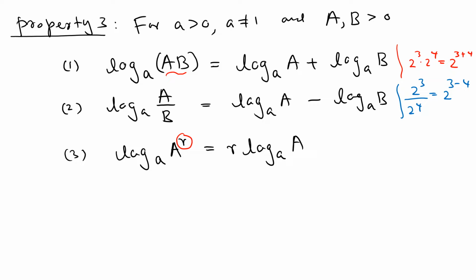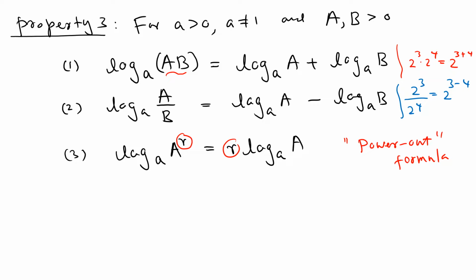We normally remember this as the power out formula, because it looks like you're taking the power out. So remember this as the power out formula, because if there's a power, you can just take it out.